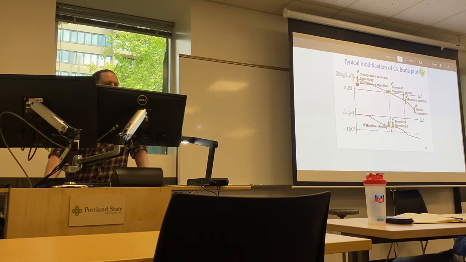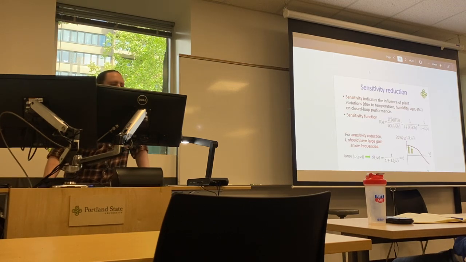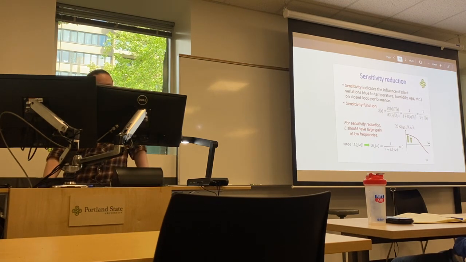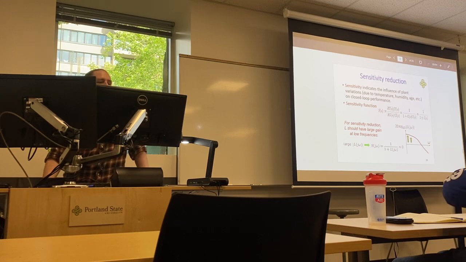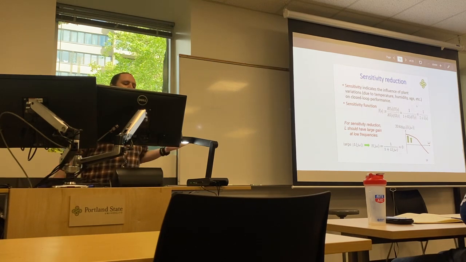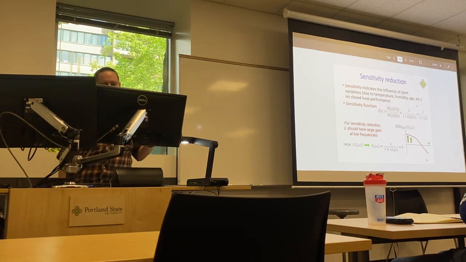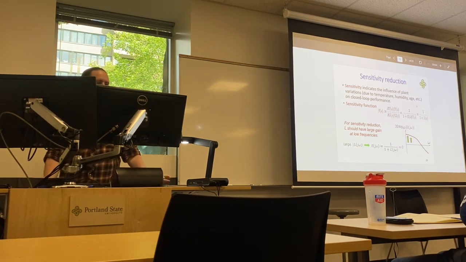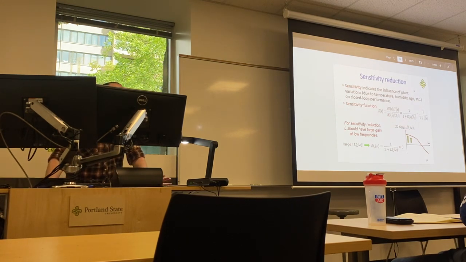Next we're looking at disturbance rejection and sensitivity. Sensitivity reduction indicates the influence of the plant variation. Something to keep in mind: temperature, humidity, how old the plant is, and how that might affect our closed loop performance.